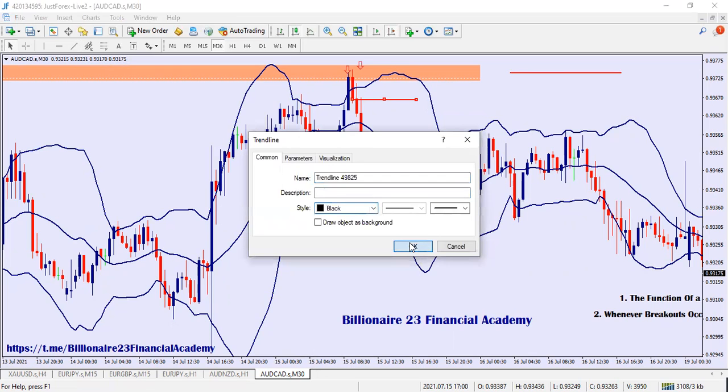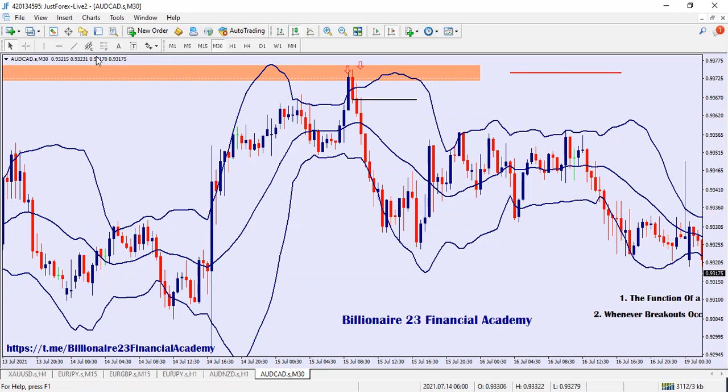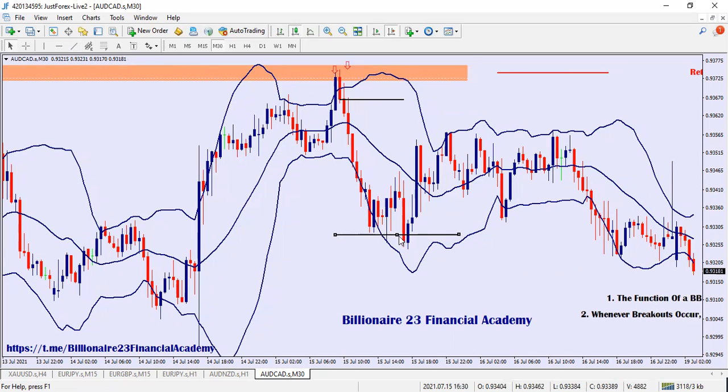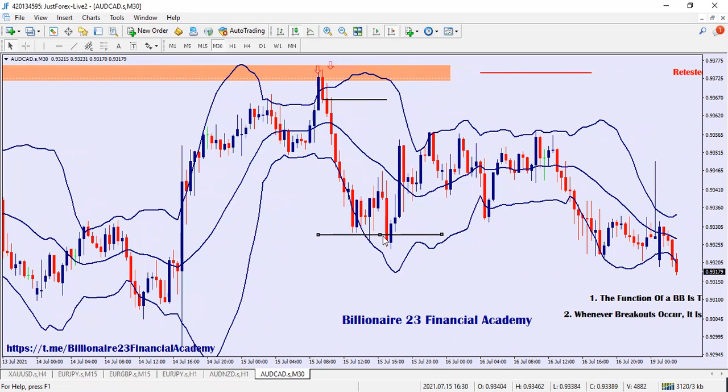You could have sold there, and then your take profit could have been there, at the next most visible level. Hold on, these trend lines are messing with me. Your take profit could have been there.